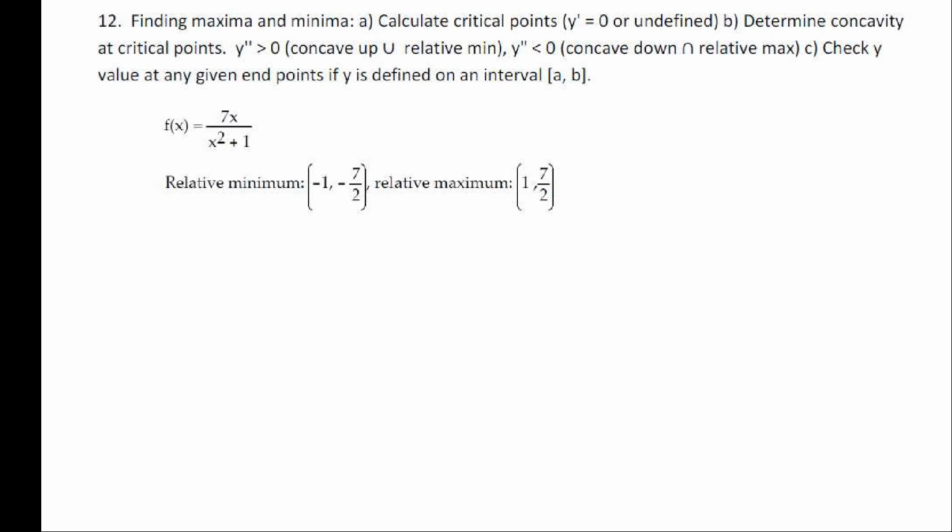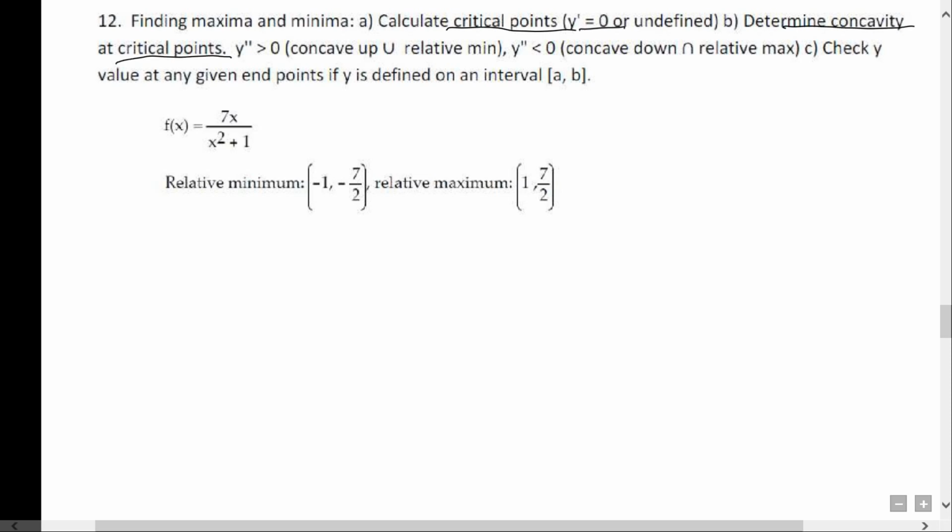Now another problem that we have to do is finding maximum and minimum. As you know, what you first do is you calculate the critical points, that is where the first derivative is equal to 0 or undefined. You can then determine the concavity at the critical points.